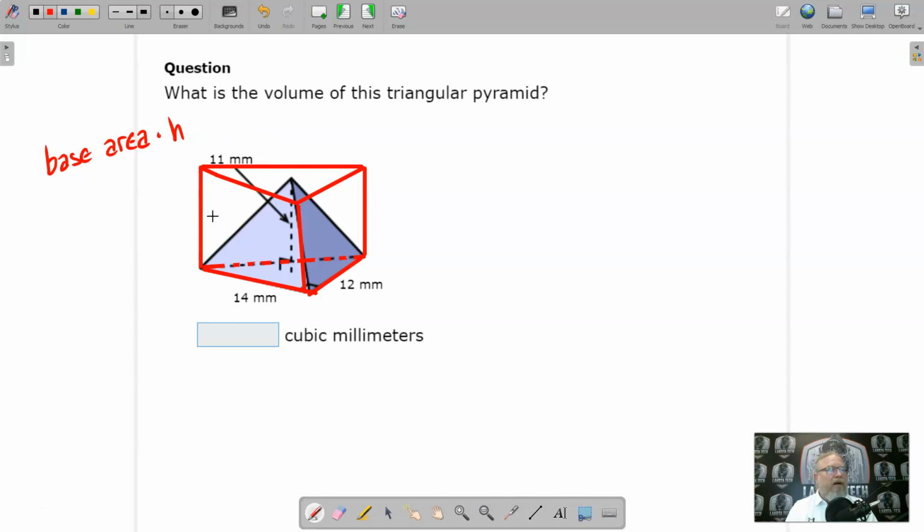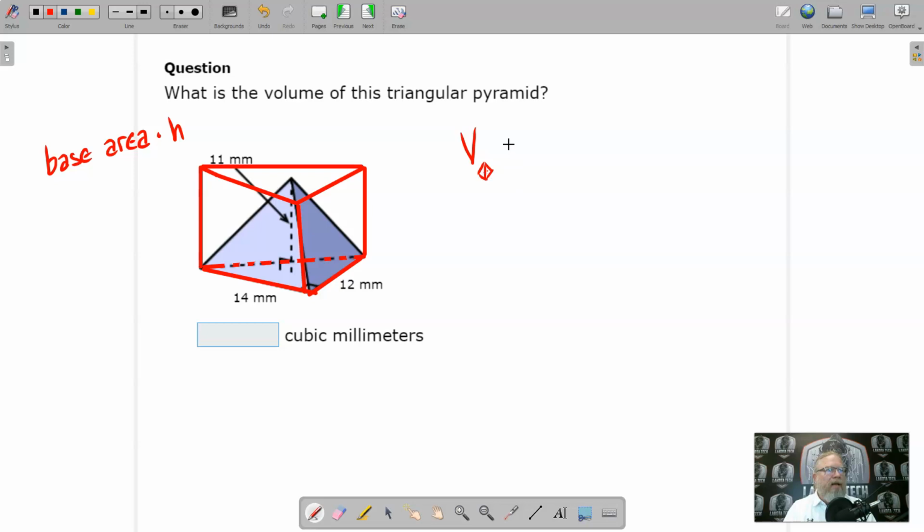So look at all this empty space. If the pyramid were inside of the prism, the pyramid only takes up a certain amount of it. Look at all that other area, or other volume, to be exact. Look at all the volume here that is actually emptied out. And it turns out that in the volume of a triangular pyramid, can I draw one of those?